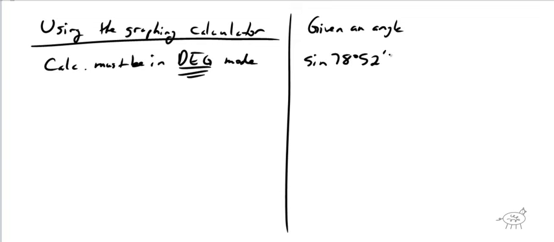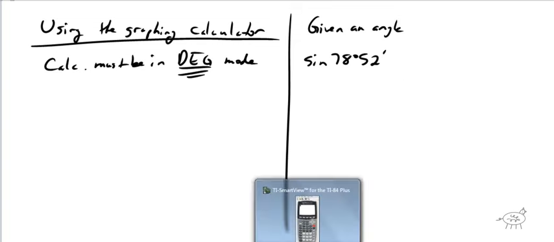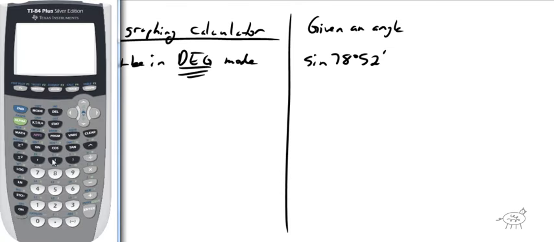Again, this is really easy. That is the easiest problem I could probably give you. Your little brother could do it. Well, maybe not, because they don't necessarily know where the degree and minute symbol is. But let's do this one. Sine of 78 degrees, 52 minutes.